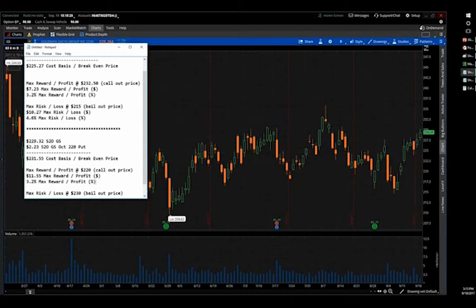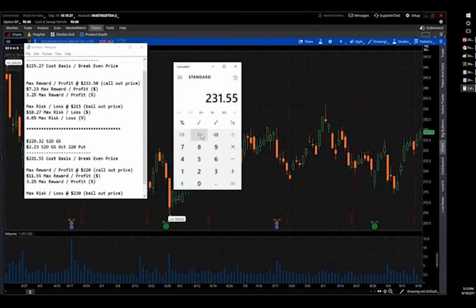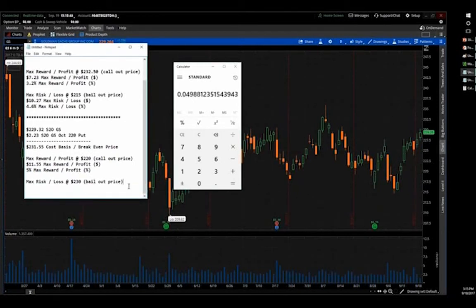The percentage would be $11.55 divided by 231.55, which gives me 4.9, rounded up to 5% returns. Bailout price would be at $230.